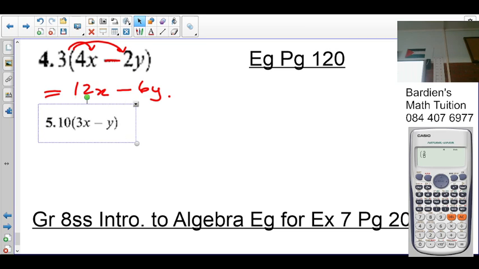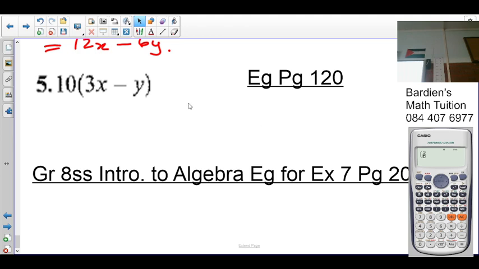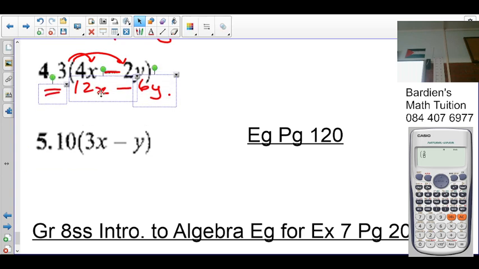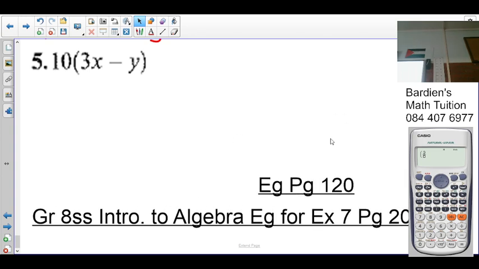Here's number 5. That's finished? Yes? So 10 times 3x is 30x. 10 times negative y?